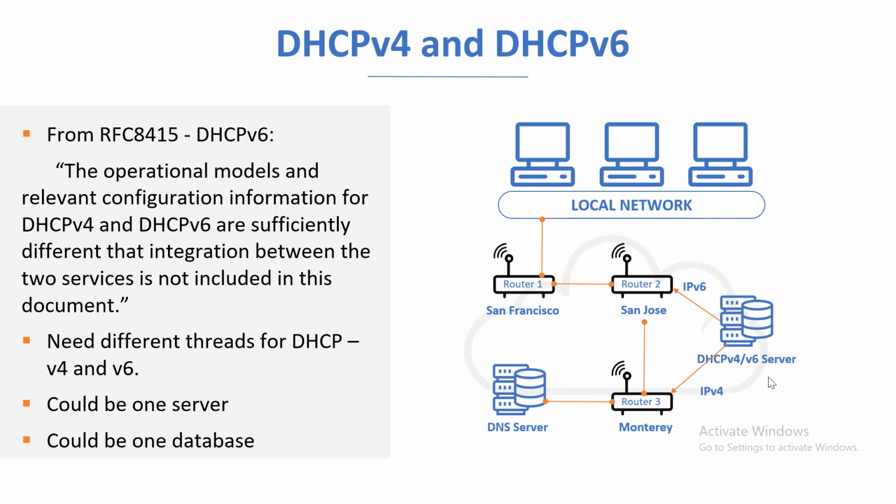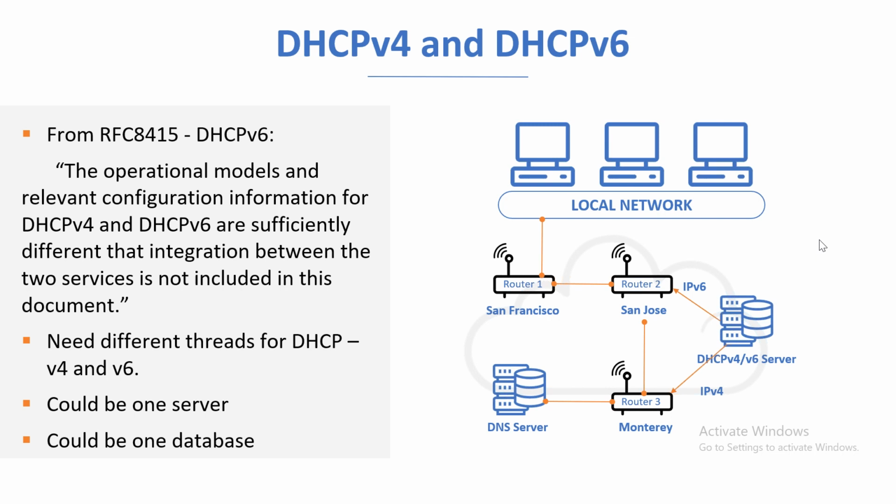Well, it's, as I say, sufficiently different, and there are sufficiently different options for everything that you want to try to have them differently. And it used to be even that people would have an entirely separate server for DHCPv4 versus DHCPv6.